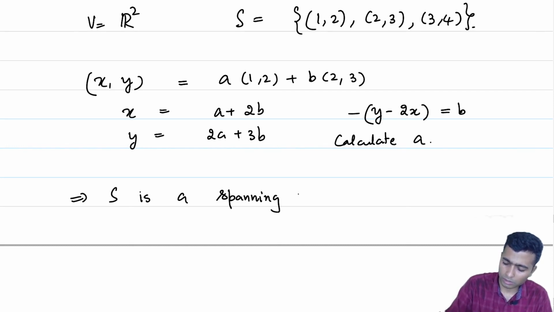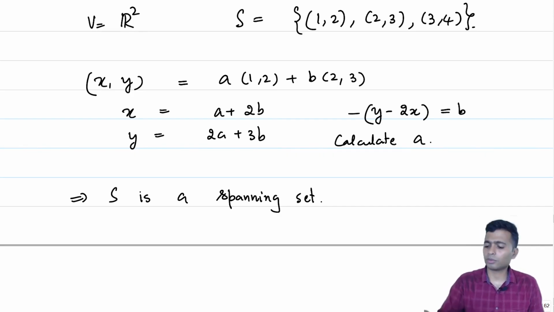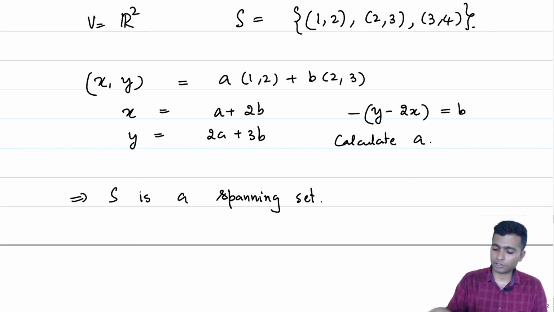Again, if you just look at this example, you will notice that the (3,4) was not needed, right? (3,4) was lying there as an unnecessary wastage. We could have written any element in R2 as a linear combination of just (1,2) and (2,3).